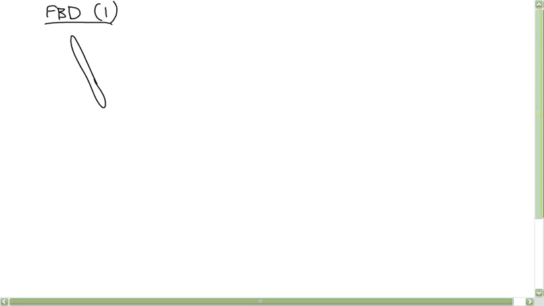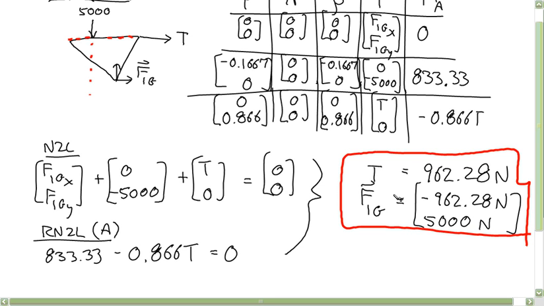That's exactly right, because we're treating the pin as if it's part of member 1. So that ground force acts on member 1. And member 2. Right. So we have the force on 1 by 2. And then we also have that ground force that we just calculated. That's negative 962, 5,000.